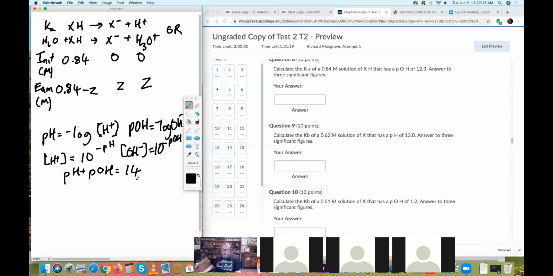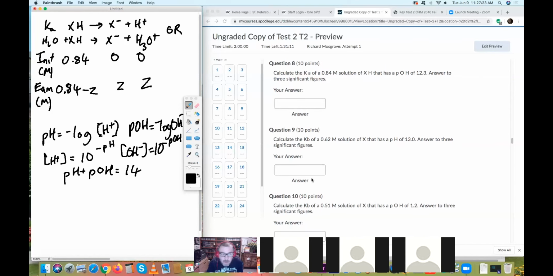All right. So looking at this, we've got in question 8, we're given a POH, but what we're looking for is an H plus. So we're going to have to do some adjusting here.